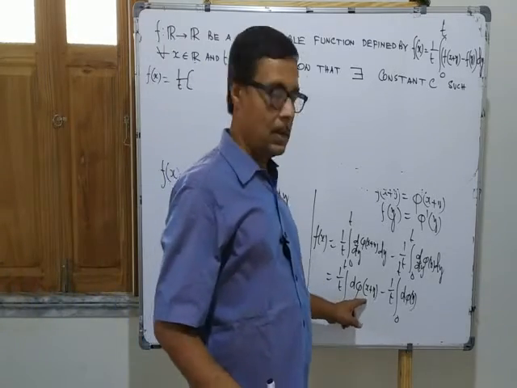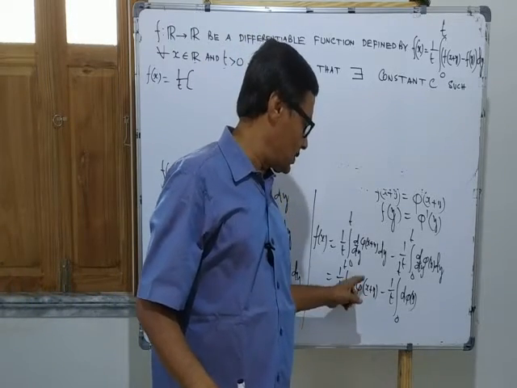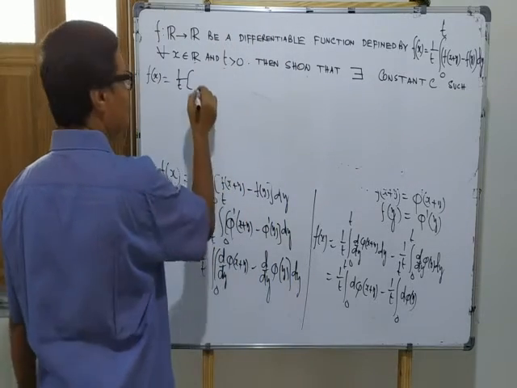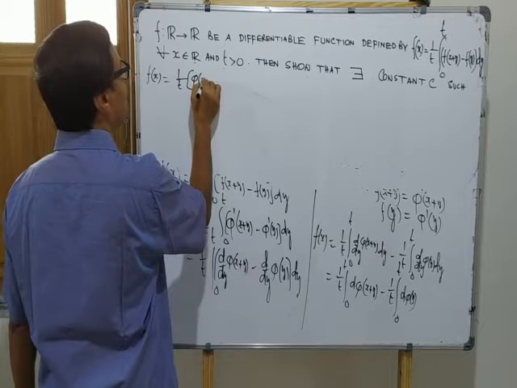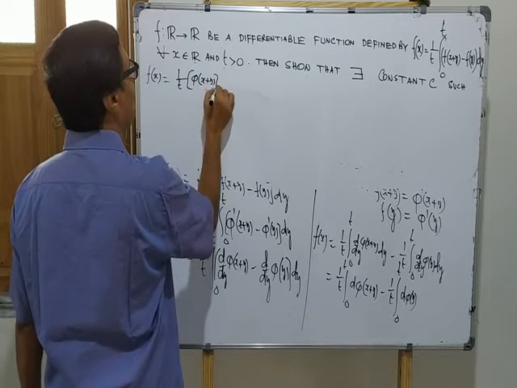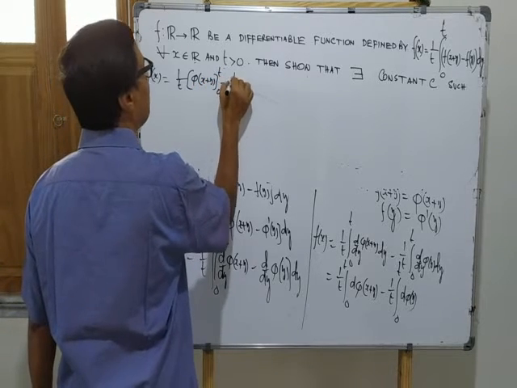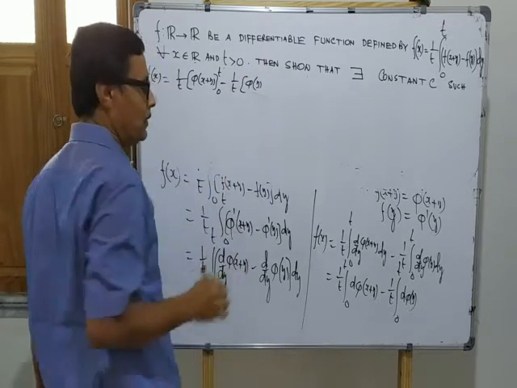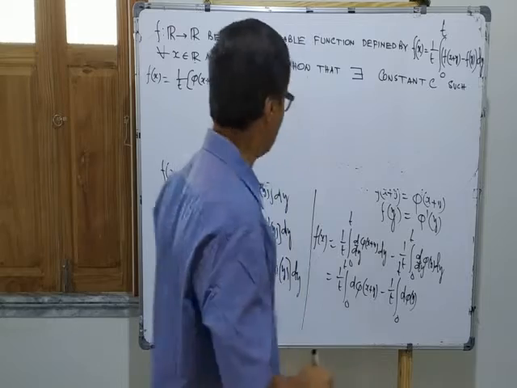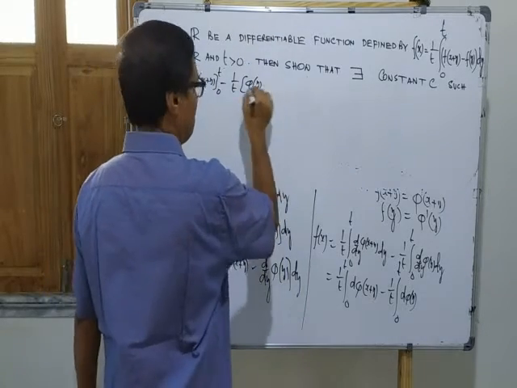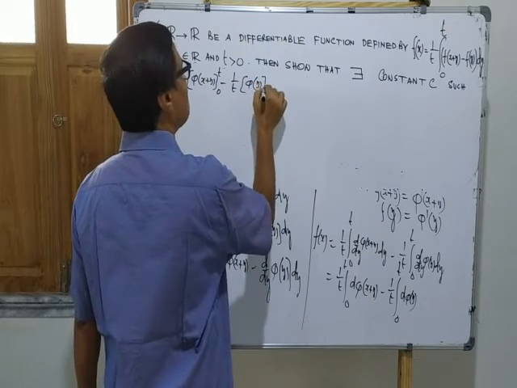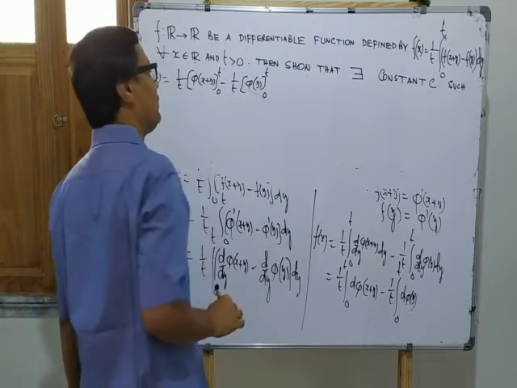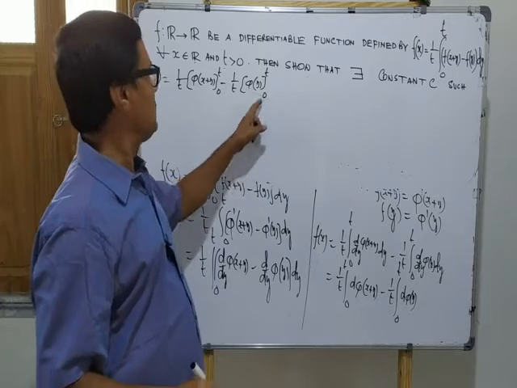The integral of d phi(x plus y) is only phi(x plus y), because the integration of dx is x. So this integration is phi(x plus y) from 0 to t, minus phi(y). The integration of d phi(y) is phi(y), and its limits are 0 and t. The upper limit is t, the lower limit is 0.